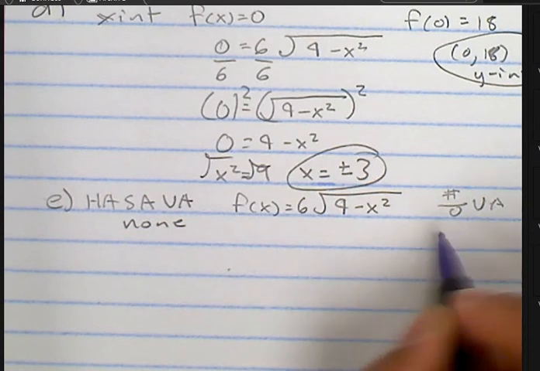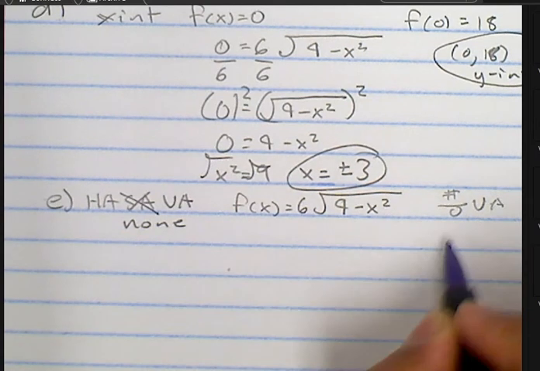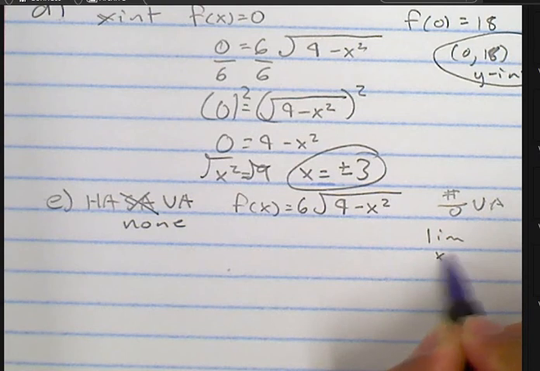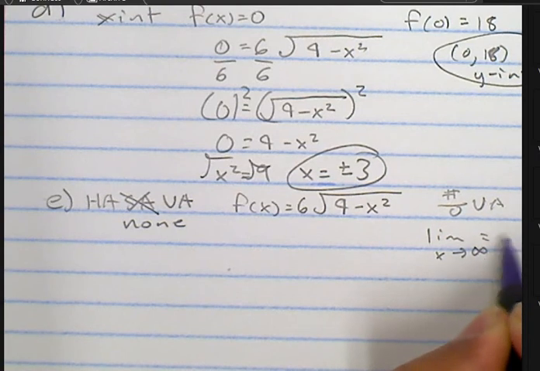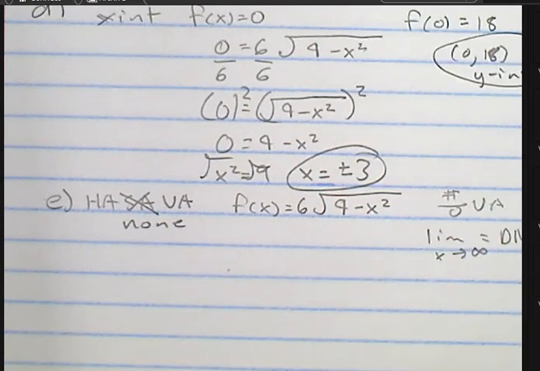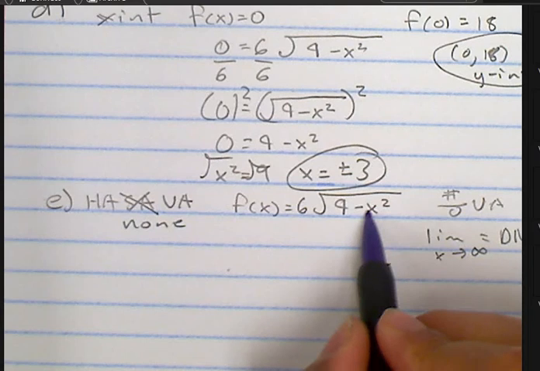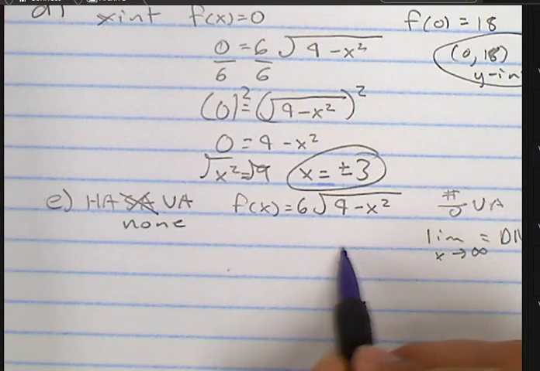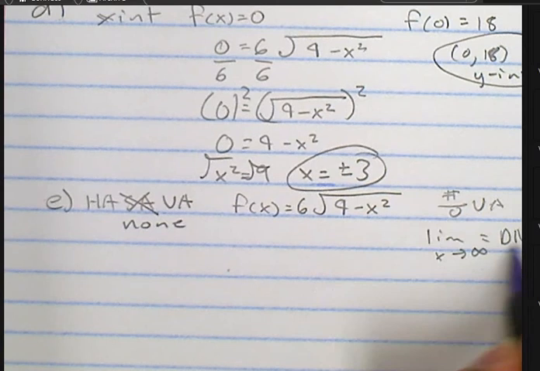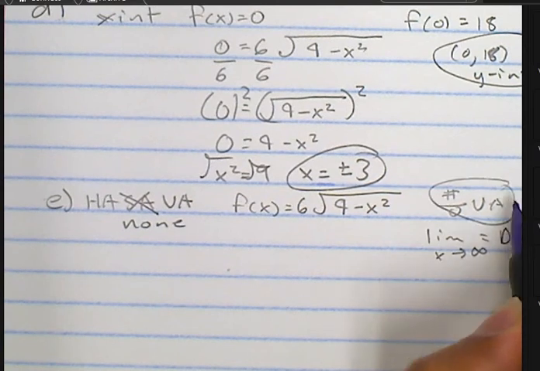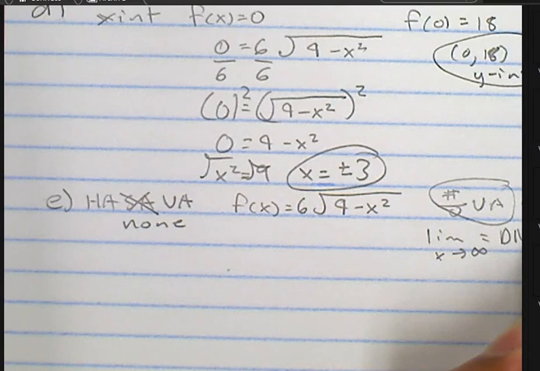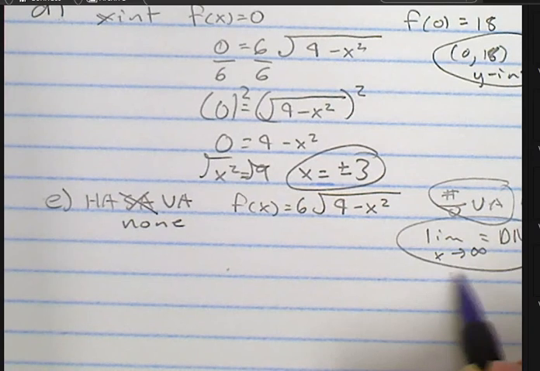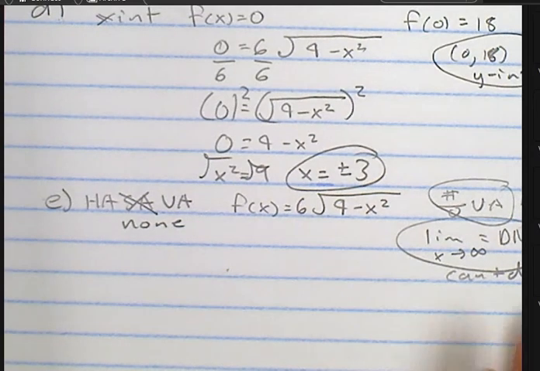We're not doing slant asymptotes at all, and the limit as x approaches infinity does not exist. When you plug infinity in, you end up with a really big negative number. You can't take the square root of a negative number. So there's none of this, and this is can't do. Okay? Alright.